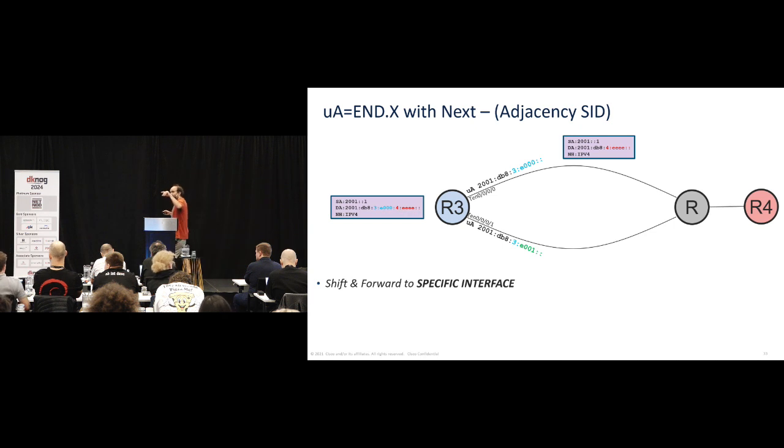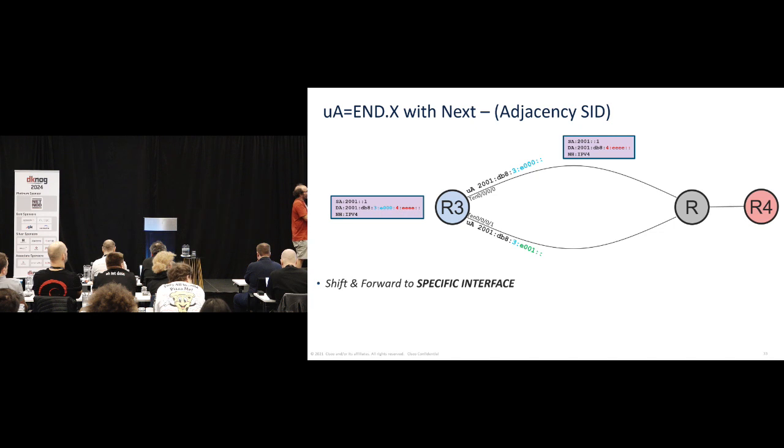Then we have End.X, and X means cross-connect, which, again, is not the best name. Cross-connect means to a particular interface. Whatever you received, you send to the interface. So I will assign End.X to each interface on my router, and whenever I receive the packet there, I will do shift and forward.